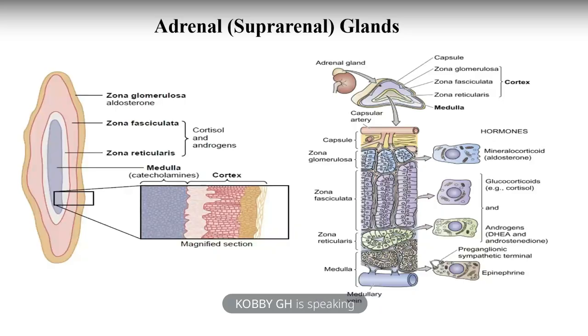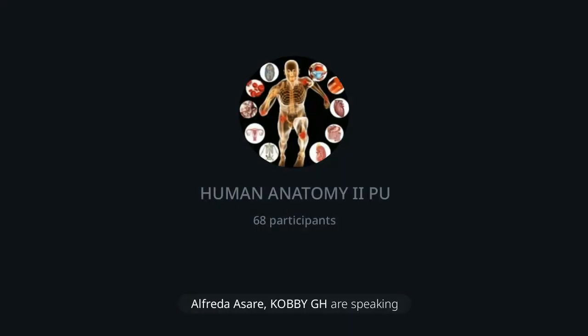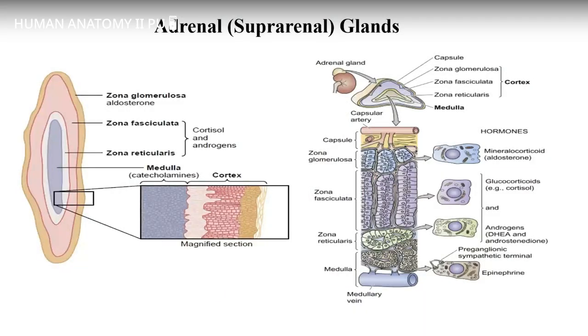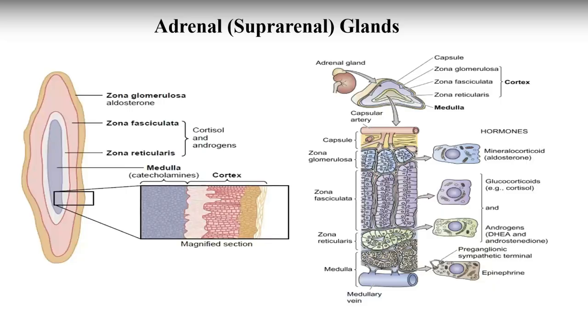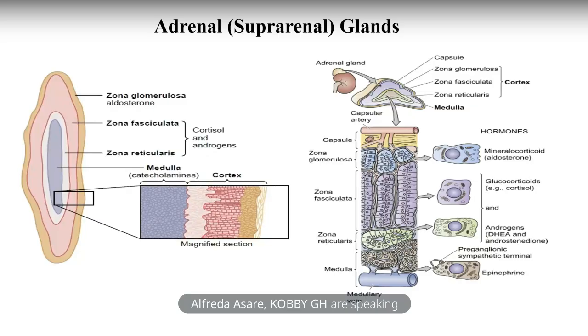Mention the adrenal hormones. The aldosterone, the cortisol, the sex hormones, and then catecholamines. Good, excellent. So in this situation, you list all the hormones produced at the cortex, then you add the medulla.